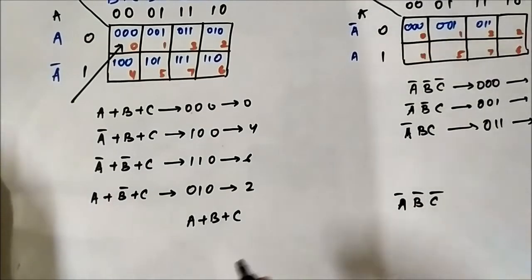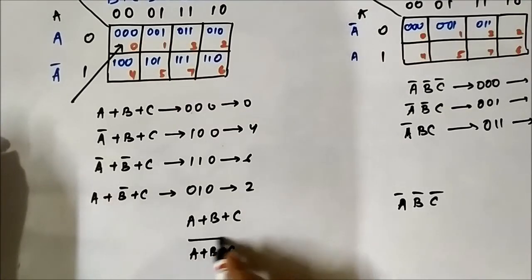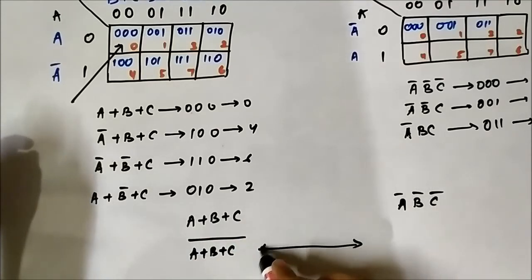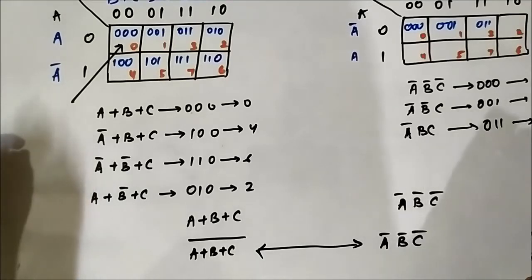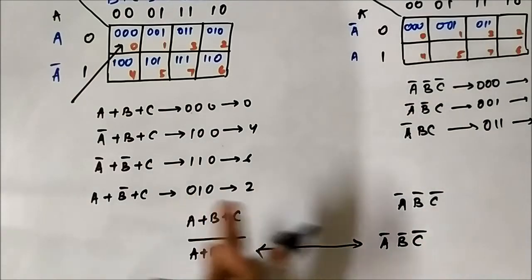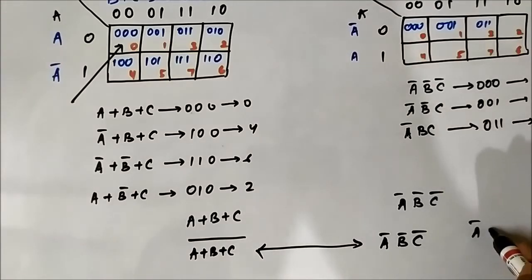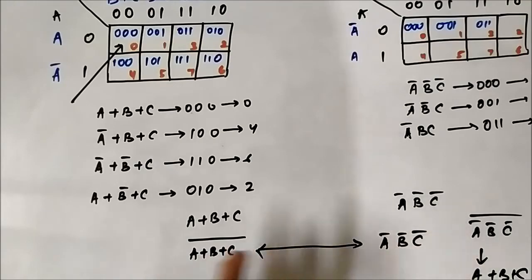If we apply De Morgan's theorem and whole complement this term, we get A bar, B bar, C bar. Doing this in the other direction, if we whole complement A bar, B bar, C bar, we get A or B or C. So it goes both ways.